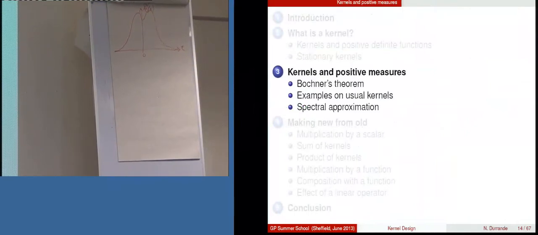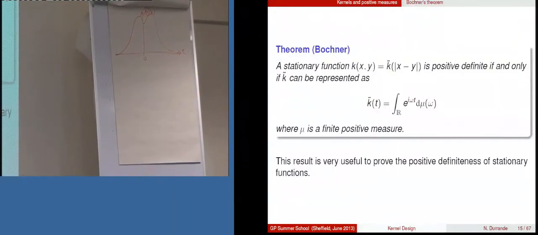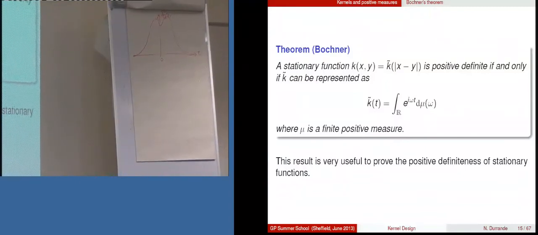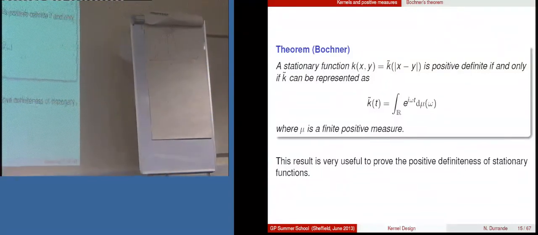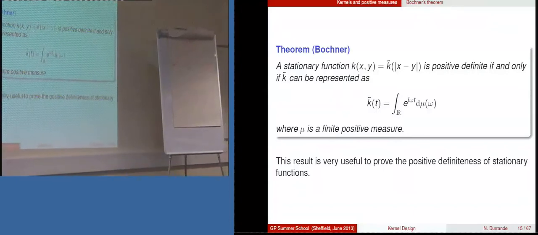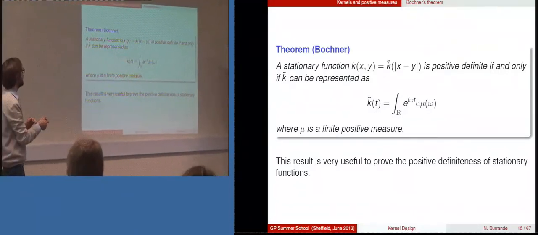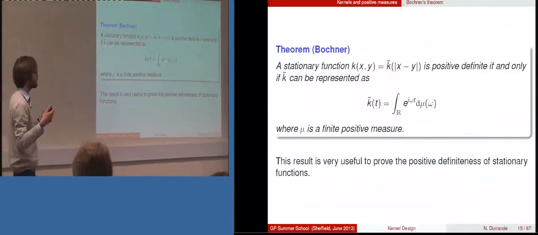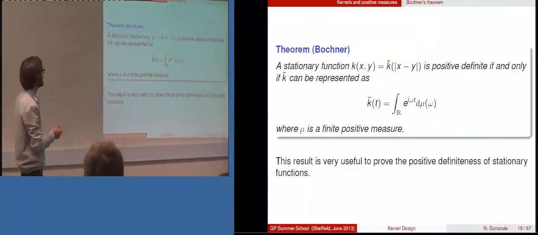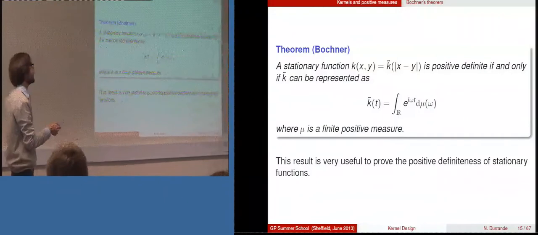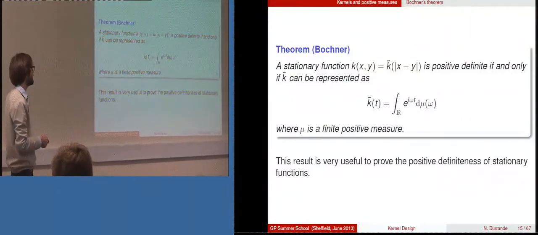Now I'm going to make the link between kernels and positive measures. We have an important theorem called Bochner's theorem, which says that a stationary function k is positive definite if and only if the function, seen as a function of just one variable t, can be represented as the Fourier transform of a positive measure.